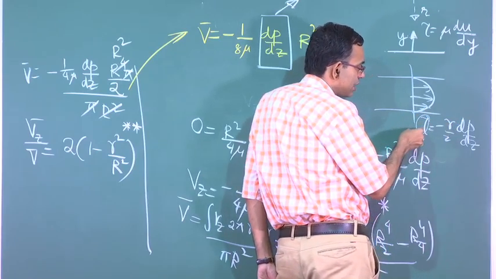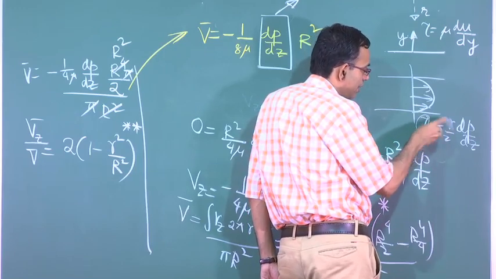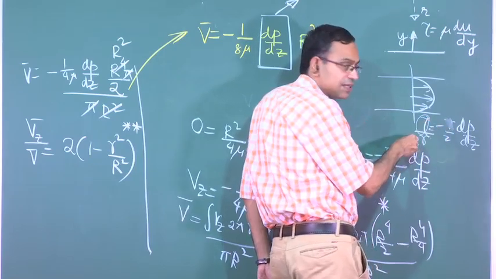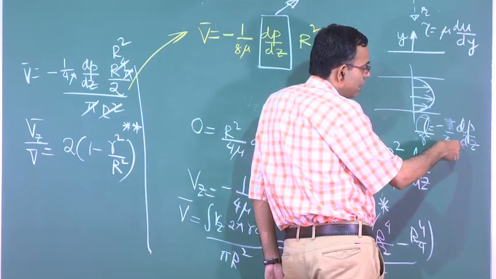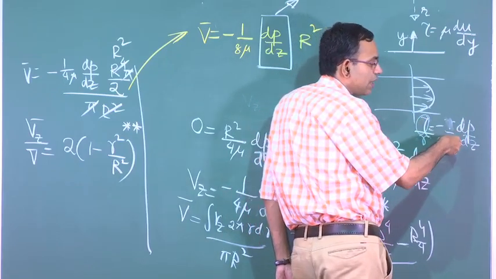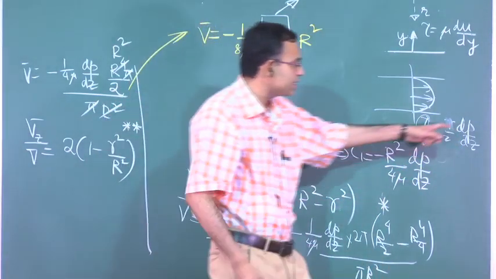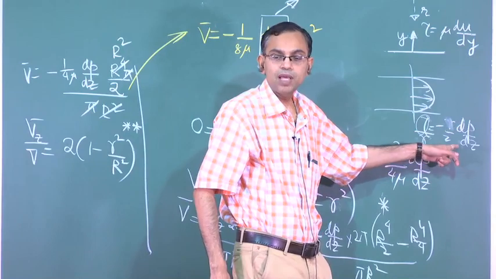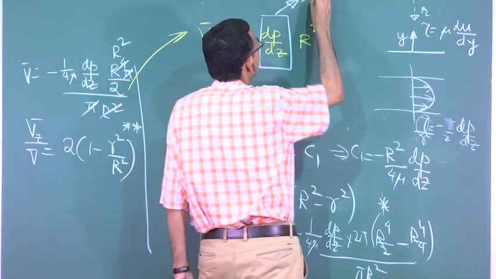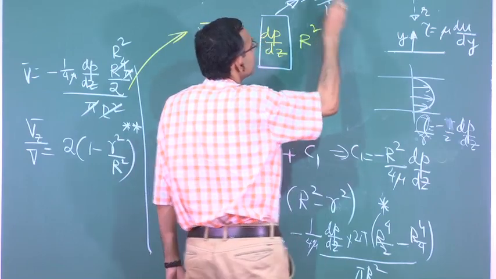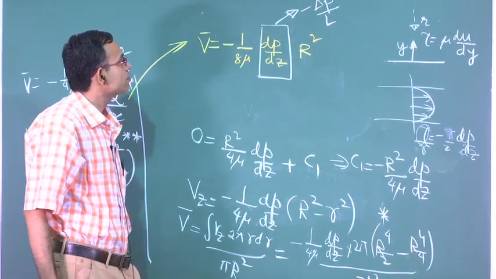So, in this equation the left hand side, tau by r is a function of r only, dp dz is a function of z only. A function of r is equal to a function of z only if each is a constant. So, that means dp dz is a constant. So, p versus z is linear. So, you can write dp dz as minus delta p over L, where L is the length of the tube.